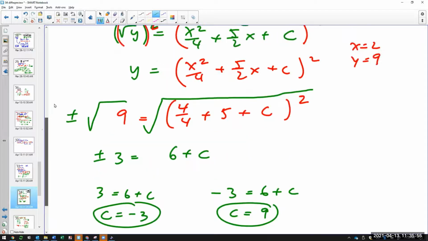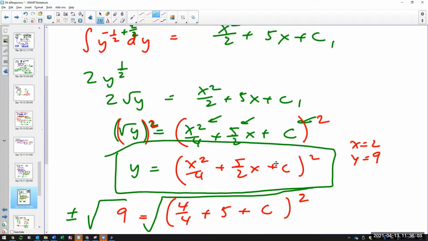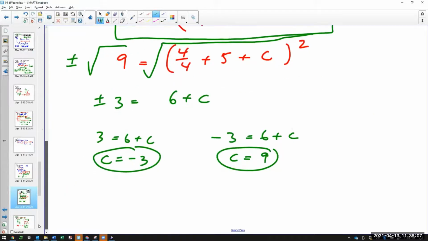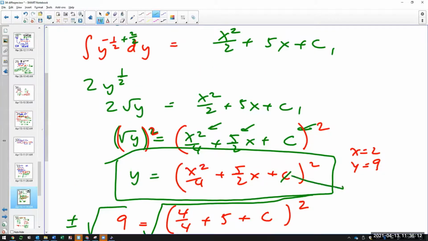So come up here. Okay, when you had your y here, this is your answer for y. It's just that c could be negative 3 or negative 9. So c could be negative 3 or c could be negative 9. Did I do that right, guys?